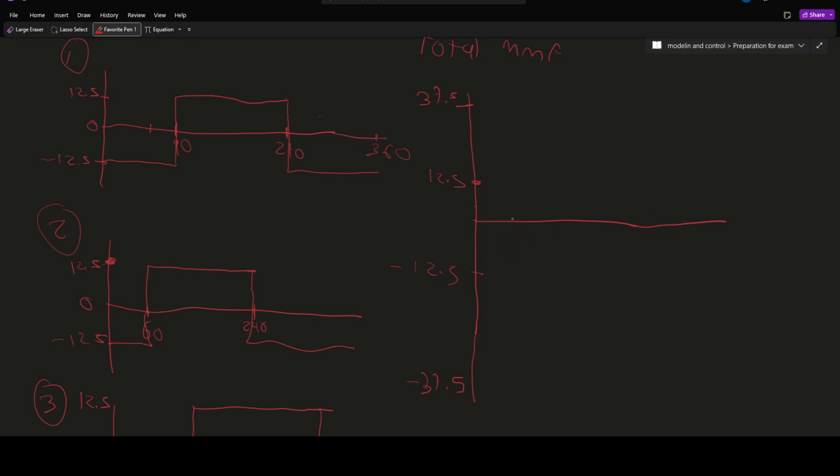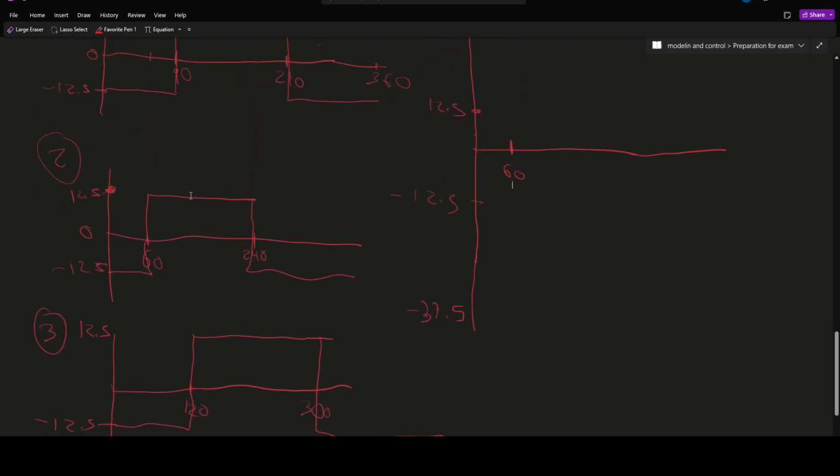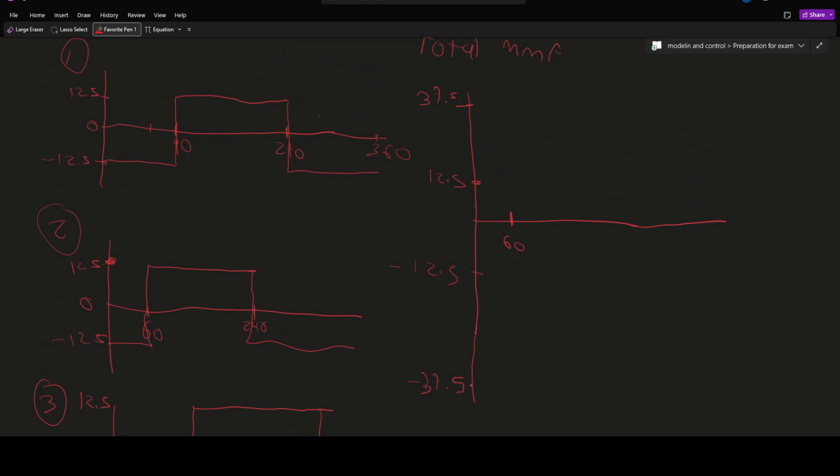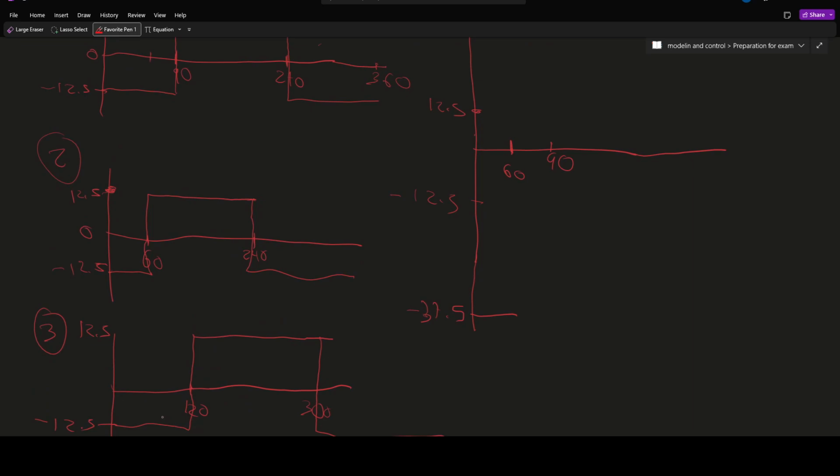Okay, so we just start seeing the graphs. We know that at 60 degrees we have minus in coil 1, minus in coil 2, and minus in coil 3. So these three added is going to be minus 37.5. From 60 to 90 degrees, we know that we have minus in coil 1, plus in coil 2, and minus in coil 3.